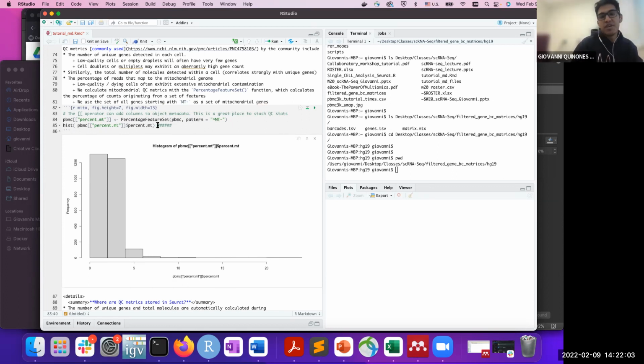Maybe somebody can help me with this part. I'm not sure if this last line of code is included in your version. Can somebody tell me?